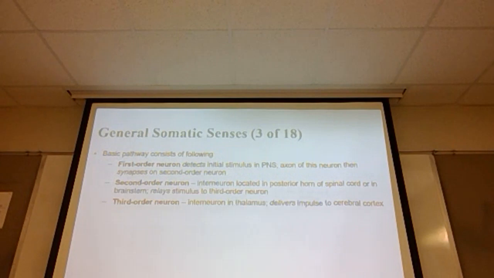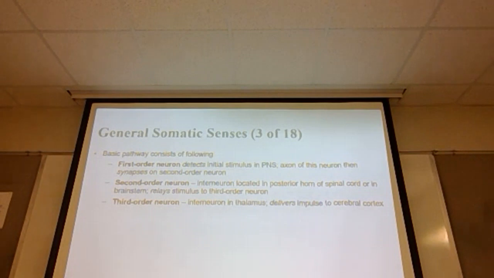First order neurons detect the initial stimuli within the peripheral nervous system. The axon of this neuron then synapses with a second order neuron. The second order neuron is located in the posterior horn of the spinal cord or in the brainstem, depending on the signal, and it relays the stimulus to a third order neuron.